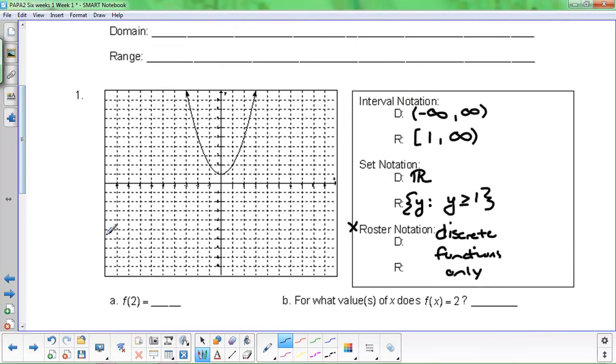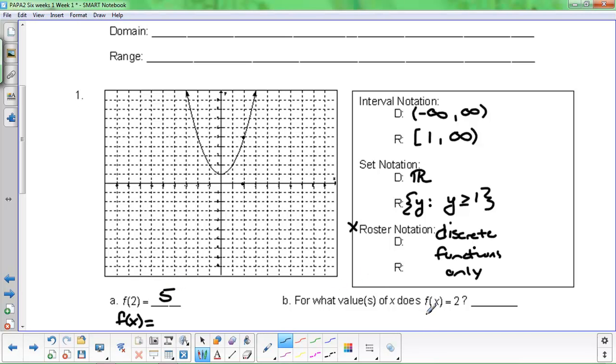Example, filling in these values here for both f of 2 equals blank and what values of x does f of x equals 2 describe. F of x is function notation. In this particular example, x equals 2. Therefore, when x equals 2, y equals 5.